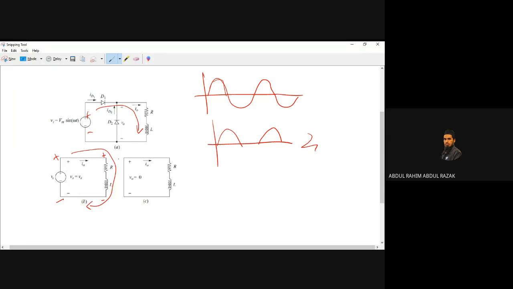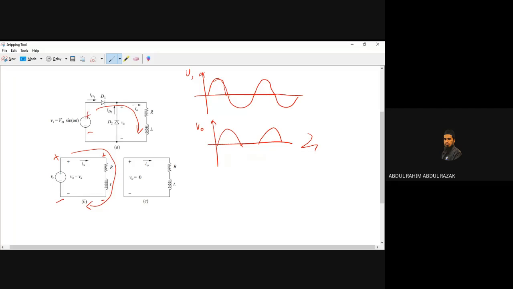So when it enters the negative region here, your output is 0. This is V out, this is V in or Vs. So V out is 0.